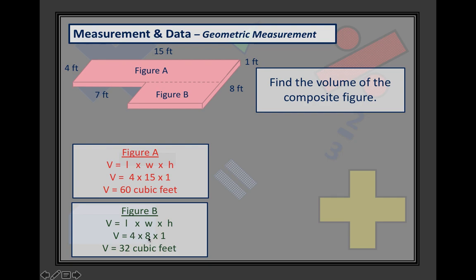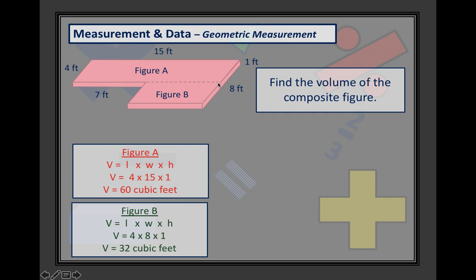We're going to use that same kind of strategy to figure out the width of figure B. It's not labeled here, but we can see the width of figure A is 15 all the way across the back. We see this section of figure A is 7. What I want you to notice is if we put this section of figure A together with this section, together they're going to equal 15 because this entire section is going to be the same length as the back there.